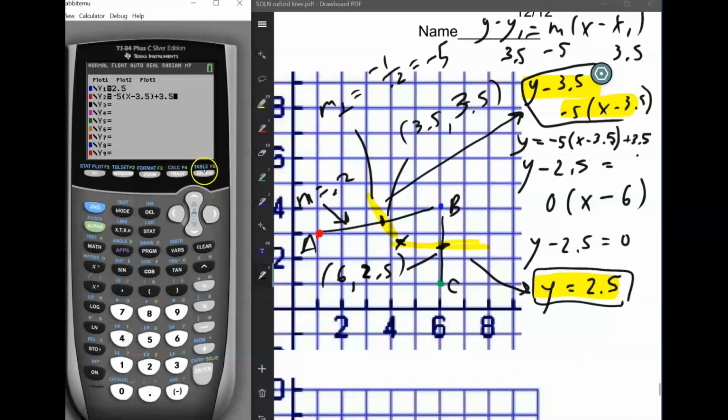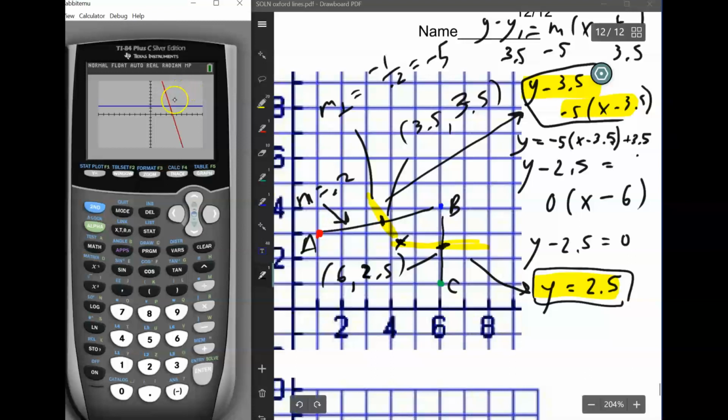Okay, and now I'm going to graph these. What I'm seeing here are the two yellow lines, except instead of line segments, I'm seeing them go forever. And it looks a little bit different because of the scale, but that's okay. So basically I want the intersection of those two lines.